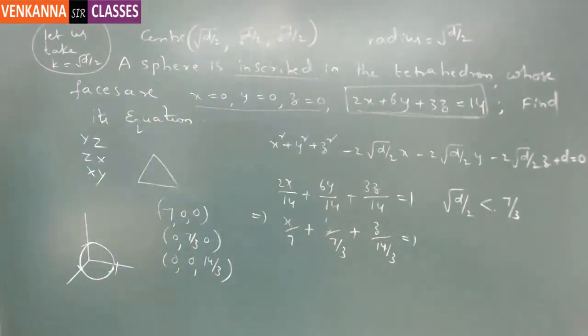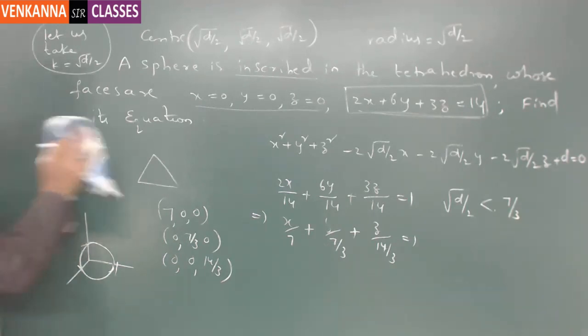So as and when a sphere touches a plane, what is the condition? Distance equal to radius. Agreed? So let us apply the condition that distance is equal to radius here.